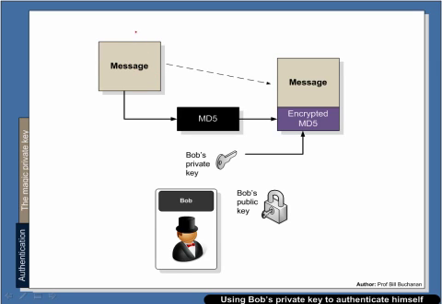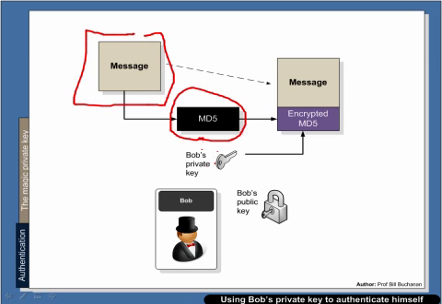In the first part of this authentication, what happens is that Bob takes the message and then takes a hash signature of the message and then encrypts that using the RSA method, typically, with their private key. This is then added to the message.